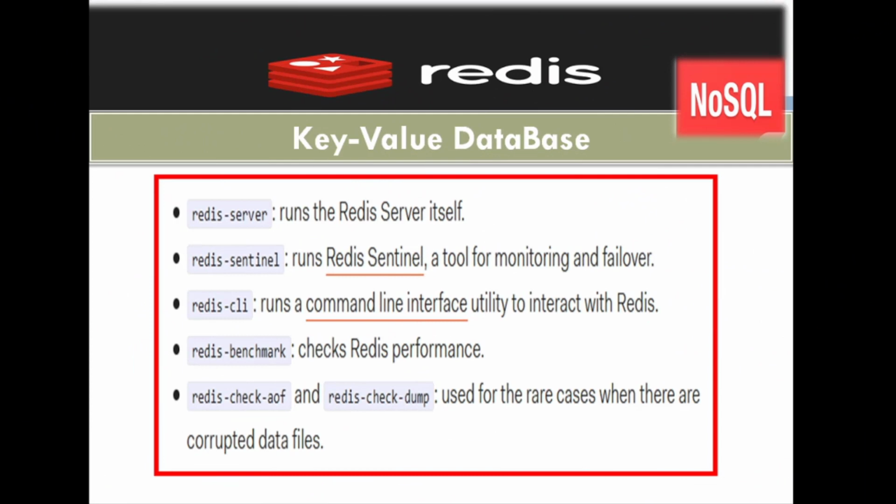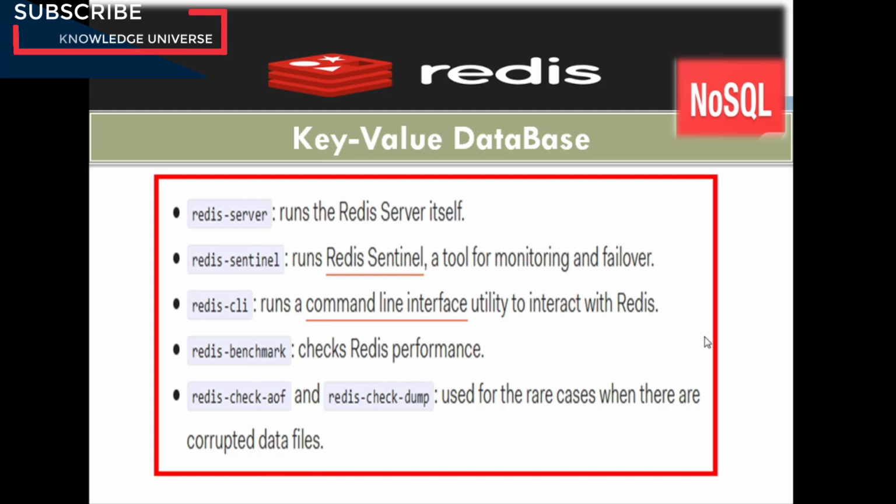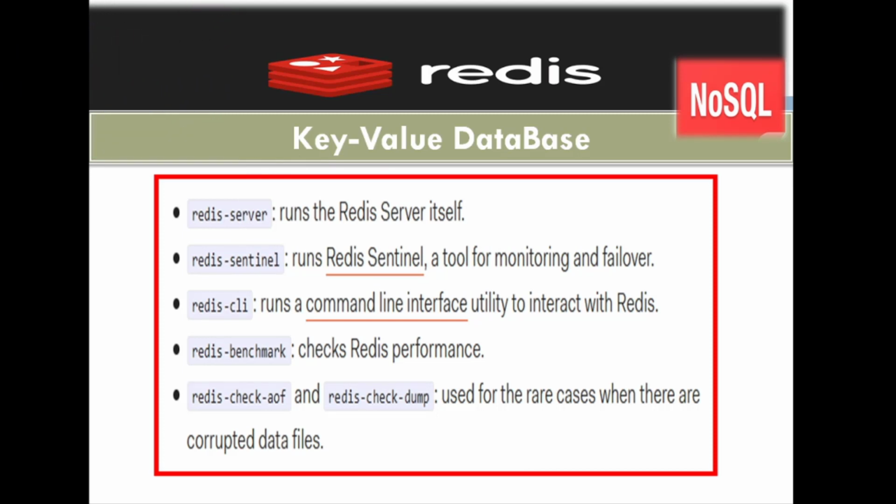In addition, there are other programs such as Redis benchmark, which checks Redis performance, and Redis check AOF and Redis check dump, used for the rare cases when there are corrupted data files. So in the Redis folder there are many programs used to manage and to create databases.